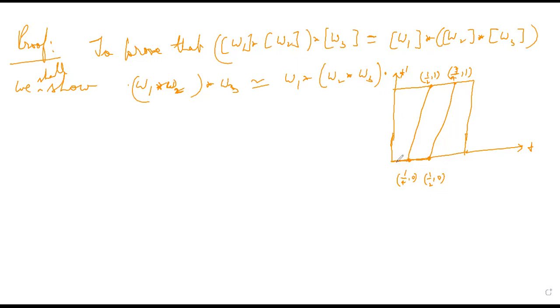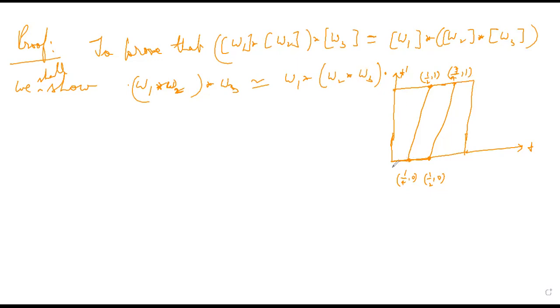Here omega 1 will be finished in the first half, and then in the next half these two. Out of that, up to 3 upon 4 this traverses omega 2, and in the next 1 upon 4th portion omega 3.